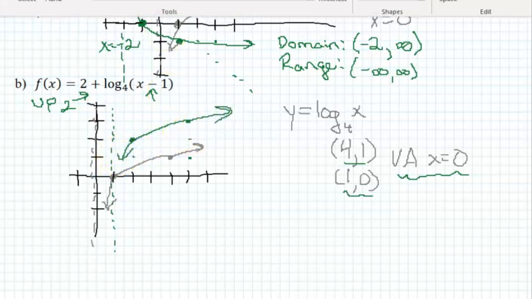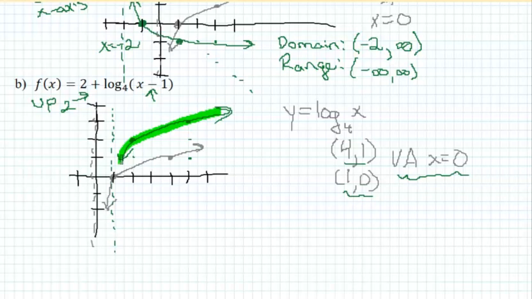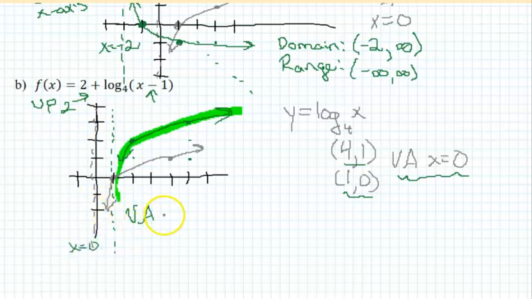And let me go over that with a highlighter just to distinguish it from the parent graph. So it's something like that. That function has a vertical asymptote at, it used to be x equals 0 for the parent graph. We moved it right 1, so the vertical asymptote for this function is x equals 1.